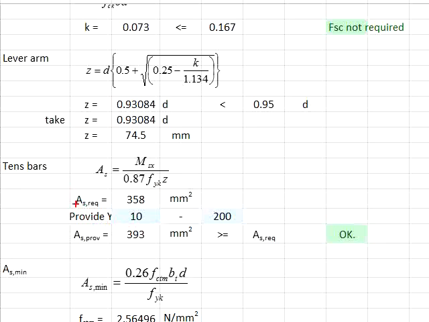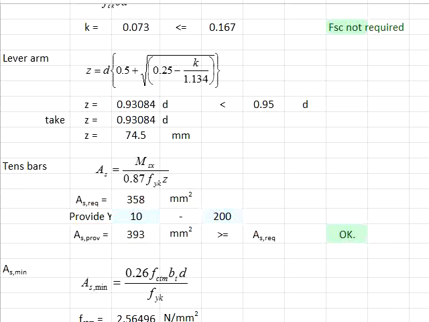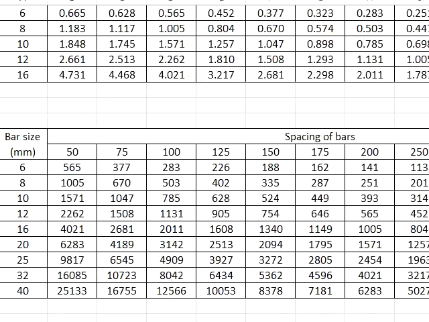Now you will provide the reinforcement bar, which in this case you provide Y10-200 that gives you the area of reinforcement bar 393 mm². This value can be acquired from the tables of the reinforcement bar that you use to design for this slab.